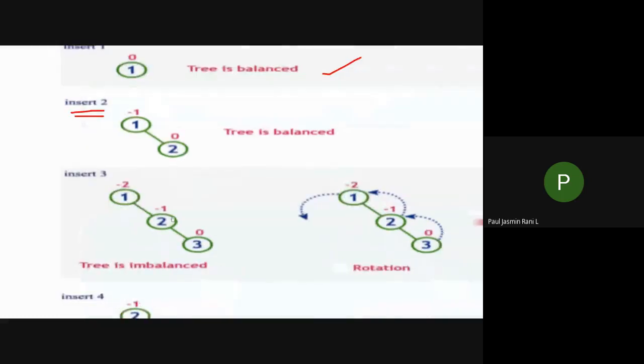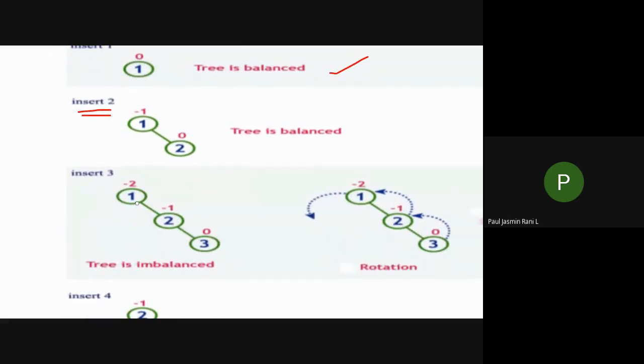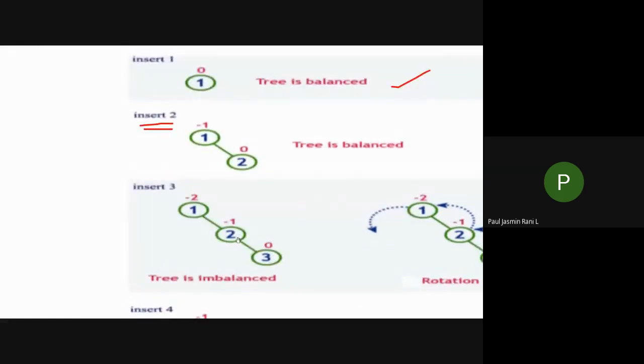Next, you insert the element 3. When you insert the element 3, you get a problem. Where will you insert this 3? 3 will be placed at the right side of 2, because it is greater than the root node 1, and again greater than node 2.